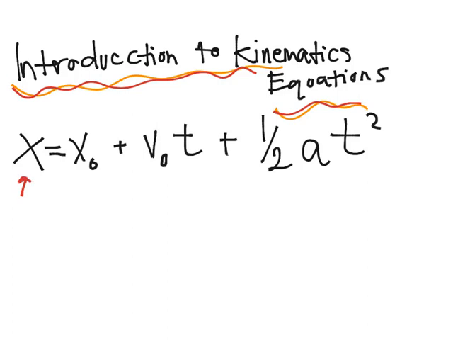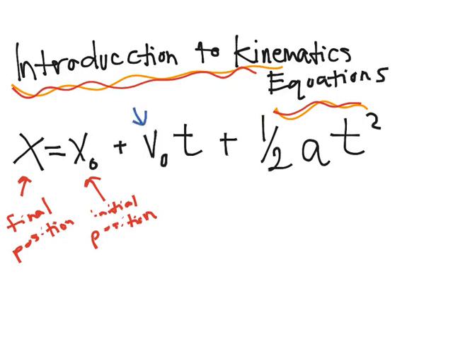So this is going to be your final position. So remember, x is still position, but that little naught means that it is the initial position, which will often be a 0 because you can start it at 0, especially when you're running your own experiment. Then we get to v, which is velocity.